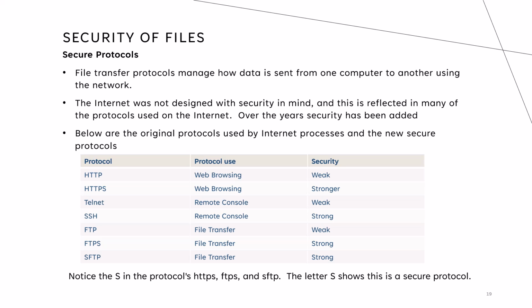FTPS and SFTP both have encryption capabilities built into their protocols. A simple way of looking at this is to look for that S in HTTPS. In the FTP variants, either the S is at the beginning or the end, and that S is a secure protocol.